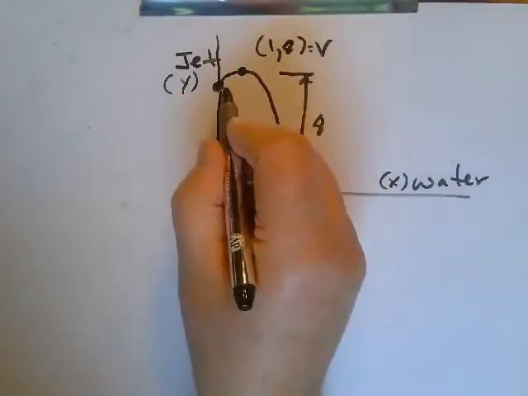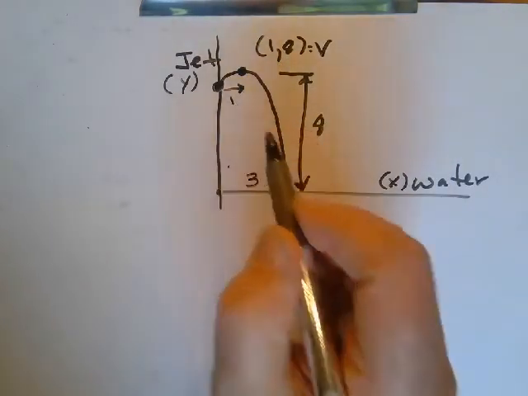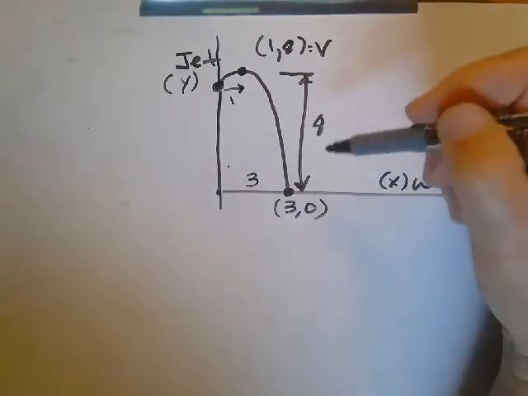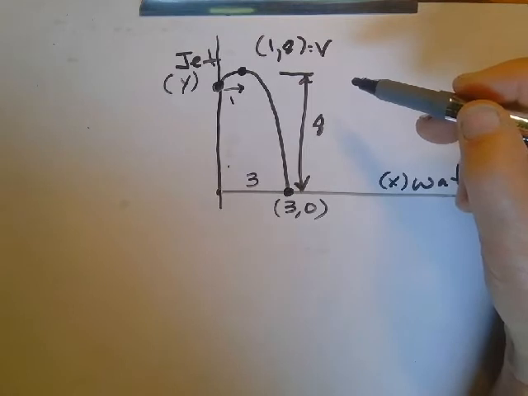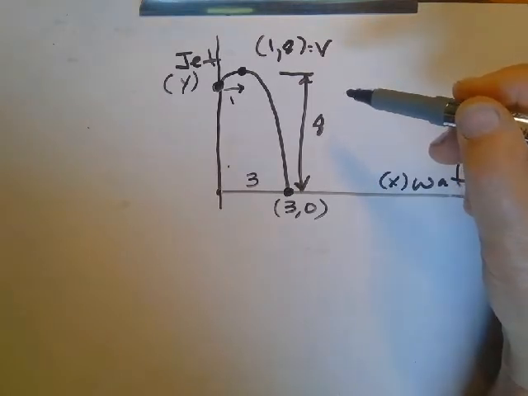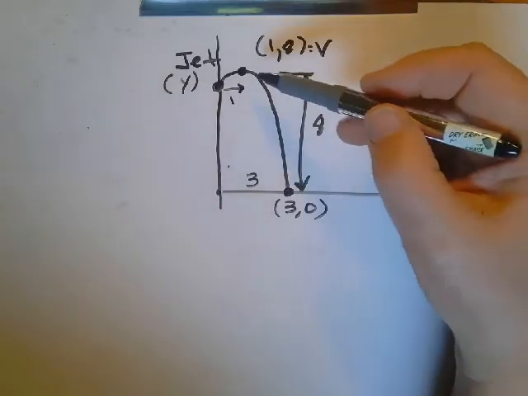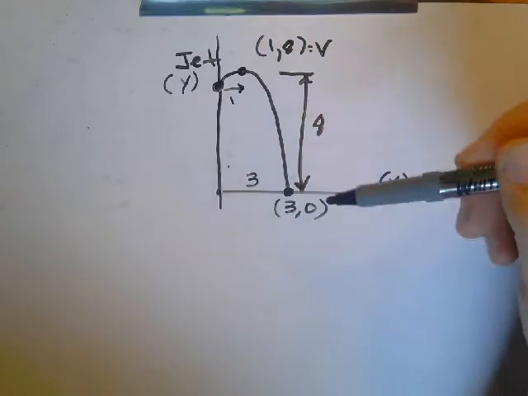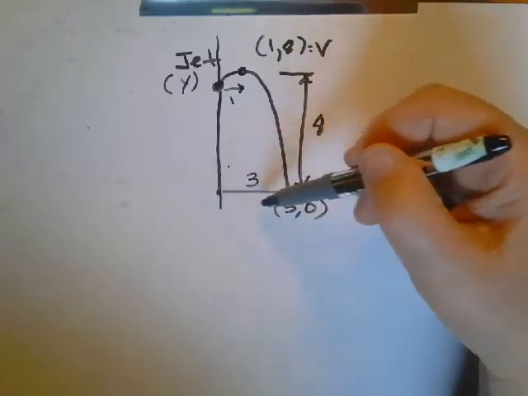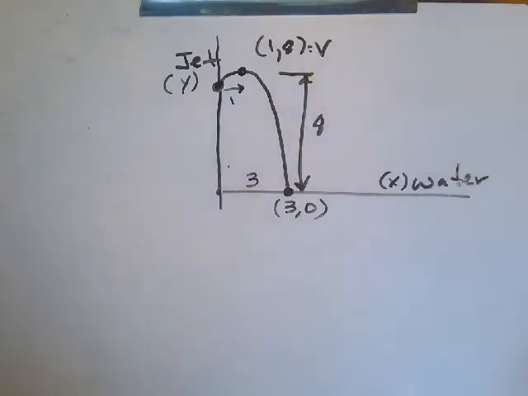So from here to here is 1 foot, and from the water it's 8 feet above the water. Let me read it again. It says it reaches a maximum height of 8 feet at a distance 1 foot from the jet. If the water lands 3 feet from the jet, it's right here. So there are 2 points.